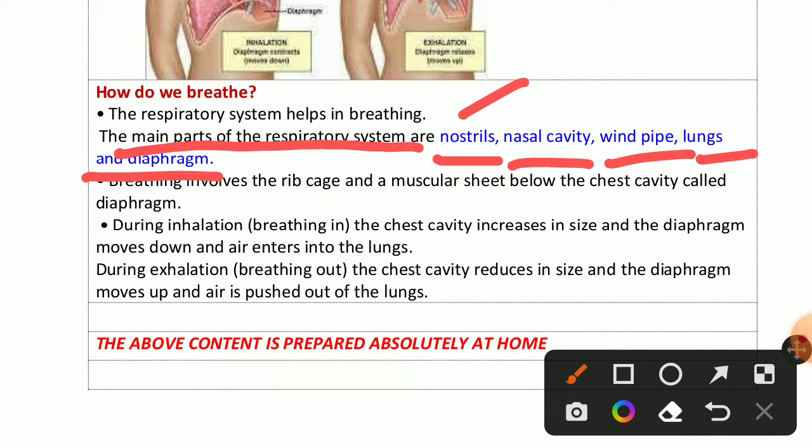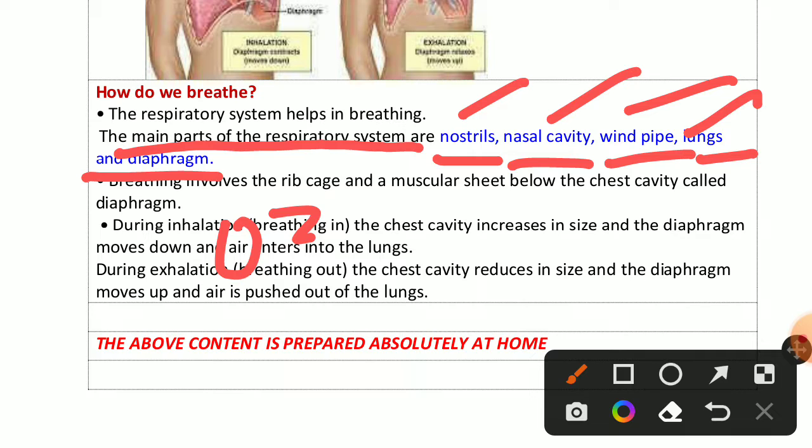Windpipe is the pipe through which inhaled air, that means oxygen, O2, goes. Next, lungs. Lungs is a very important part. It stores oxygen and is ready to give carbon dioxide out.